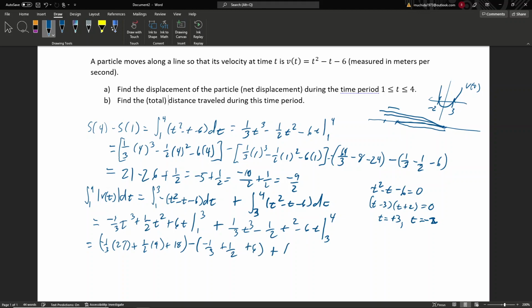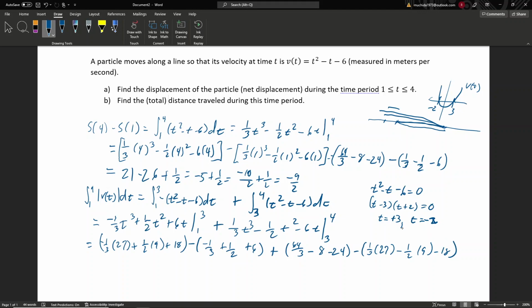And then all of that, plus plugging in our upper limit here, you'd have 64 over 3, minus 4 squared, so 16 times 1/2, so minus 8, minus 24, minus plugging in our lower limit, so that was 1/3 times 27, minus 1/2 times 9, minus 18.